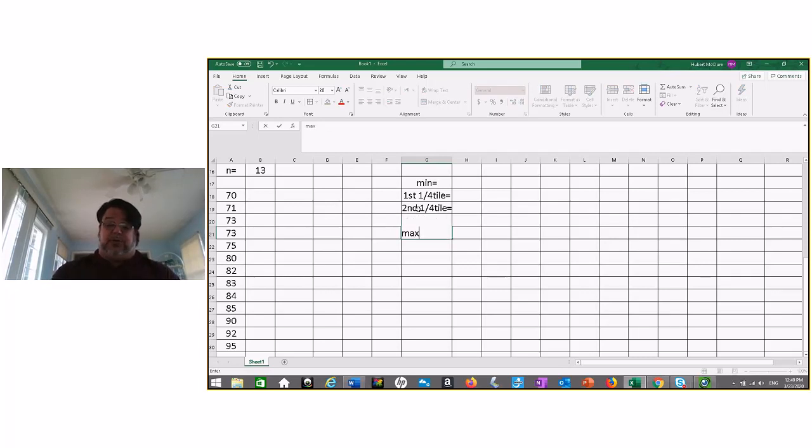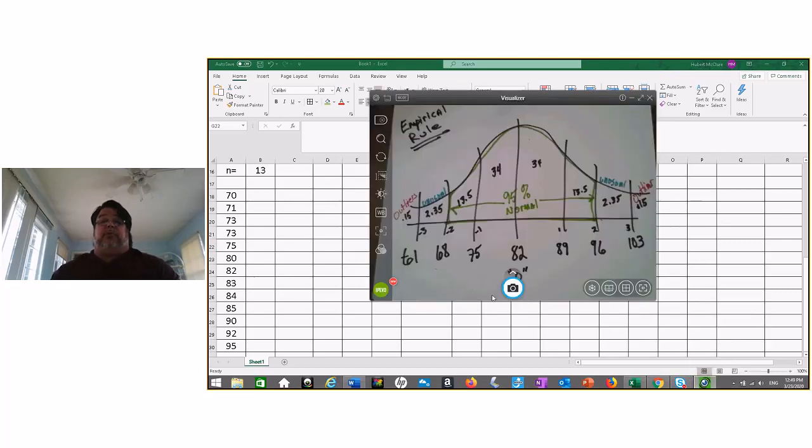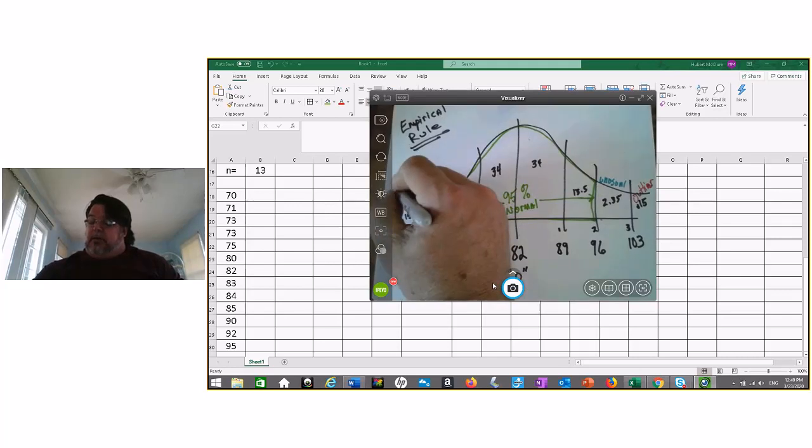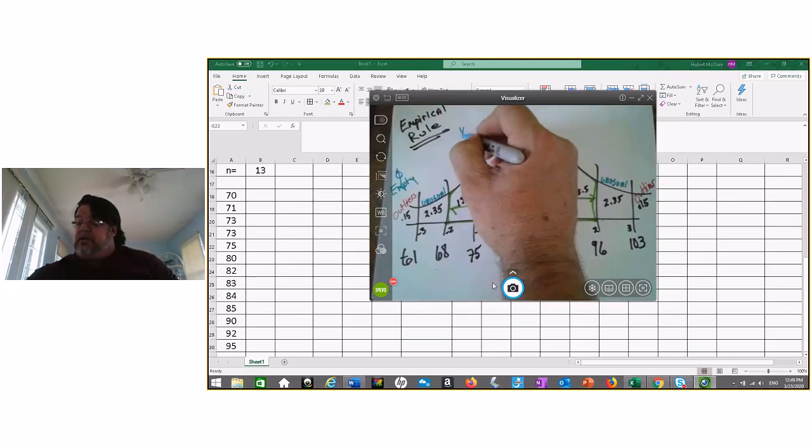Now, before I do any more of this, I want to go back to the drawing of my empirical rule. Read the empirical rule like a fuel tank, like a fuel gauge. I'm going to take my aquamarine. This is empty, which means 0. This is a quarter of a tank.